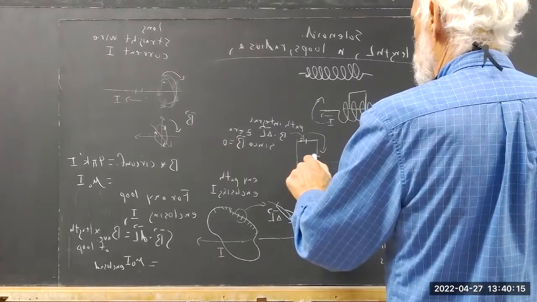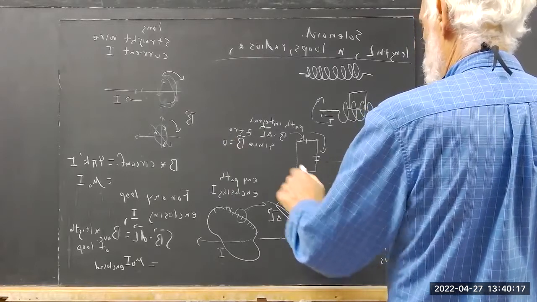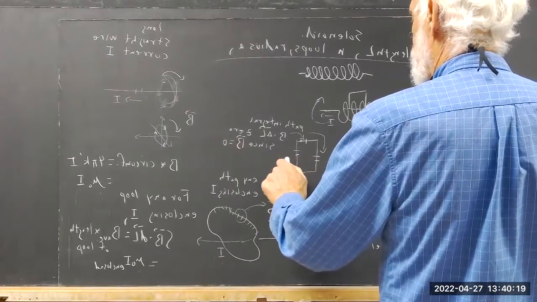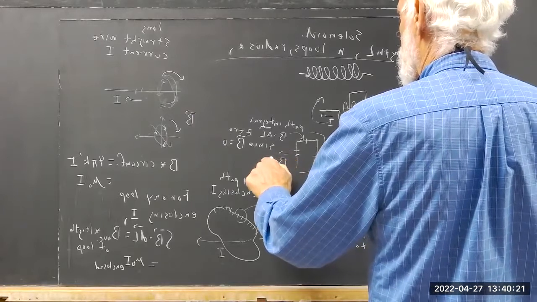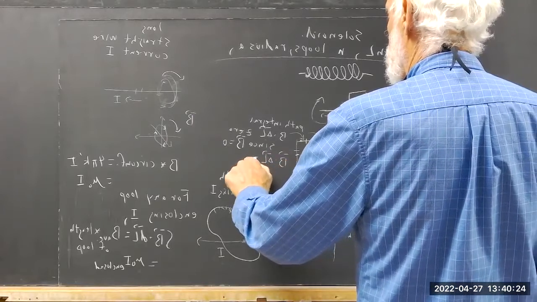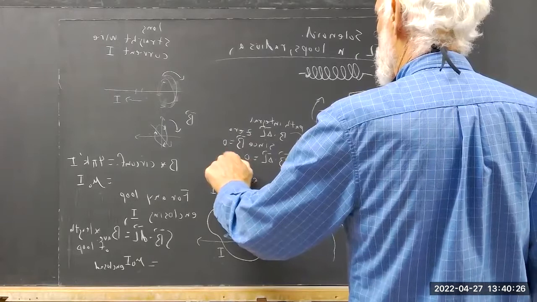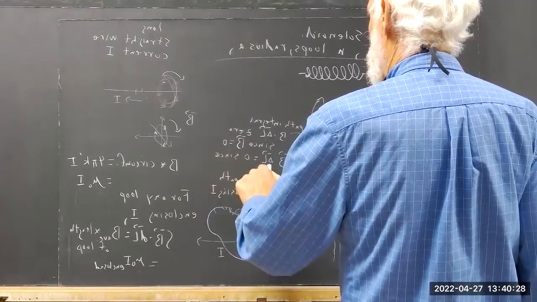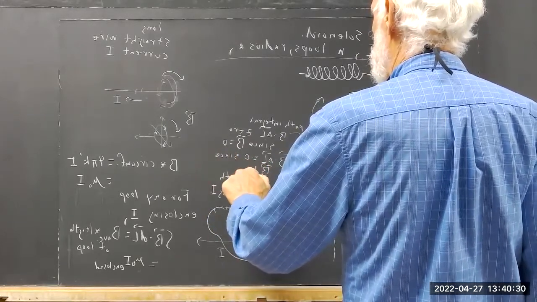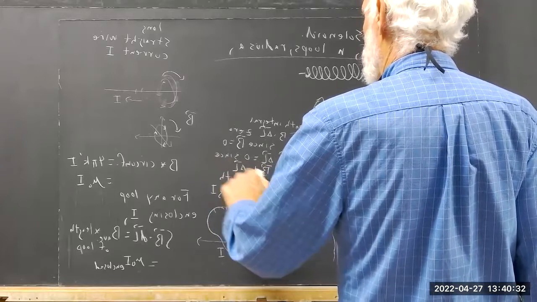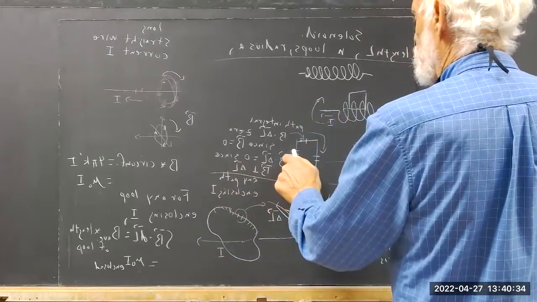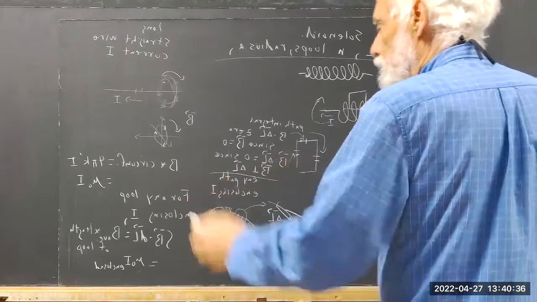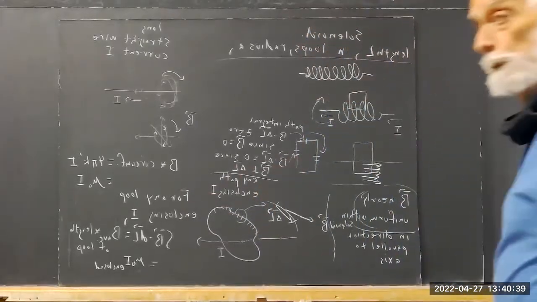For any segment here or here, B is perpendicular to delta L, so B dot delta L is 0.